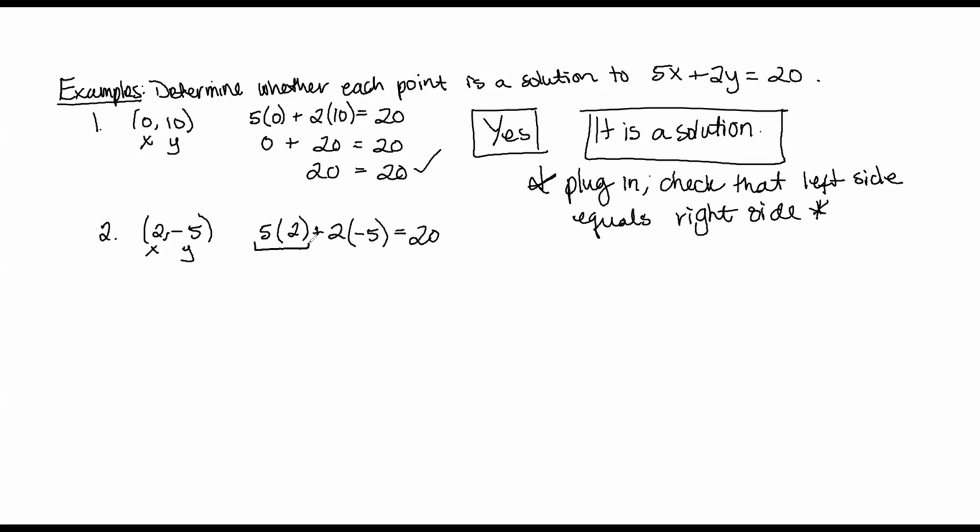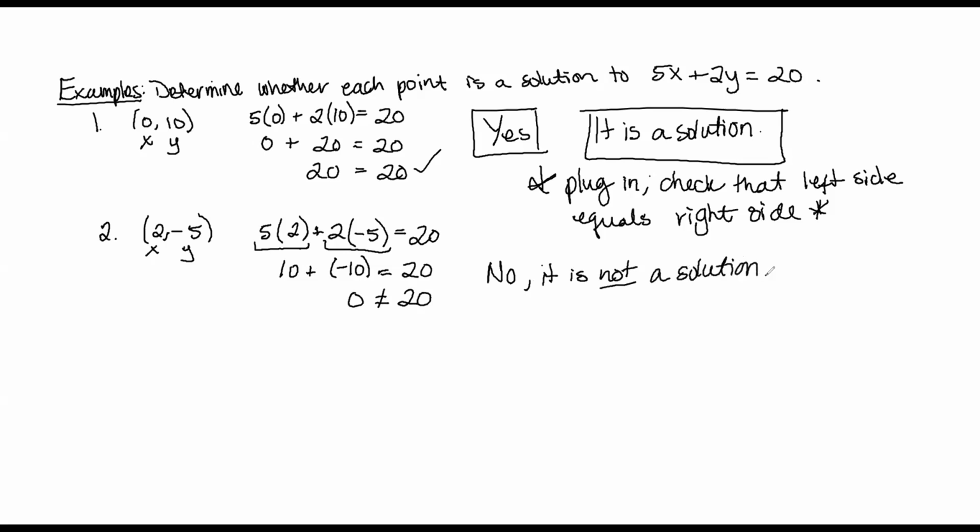Now let's multiply. 5 times 2 is 10, plus 2 times -5 is -10, equals 20. 10 plus -10 is 0. So since 0 does not equal 20, then no, it is not a solution to our equation.